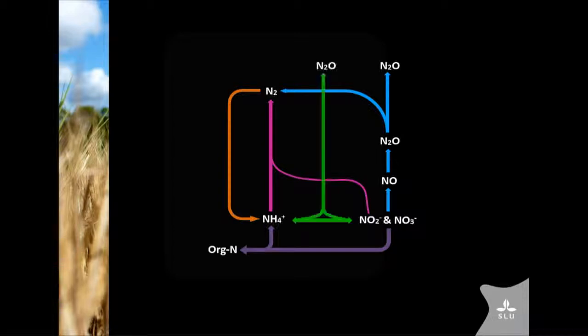We have nitrous oxide being produced also in other processes in the nitrogen cycle, but I will not focus on that in this talk. The interesting part is also that we have the last step in the denitrification pathway, where nitrous oxide is being reduced to nitrogen gas, and this is the only sink of nitrous oxide that is known in the biosphere.